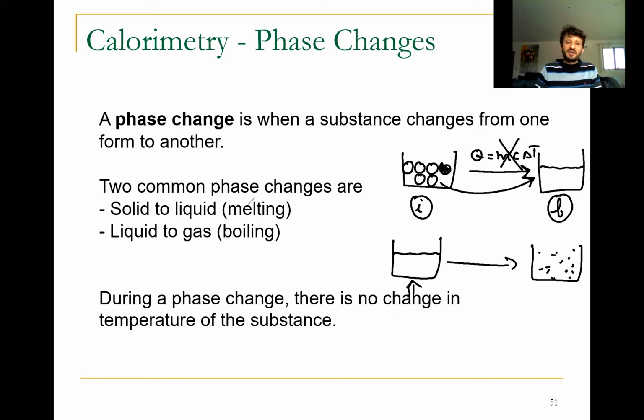During a phase change, there's no change in temperature of the substance. Delta T equals 0. When we have a change of phase between initial state and final state, T initial equals T final. For this reason, we cannot use Q equals mc delta T. Why?